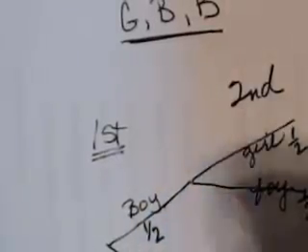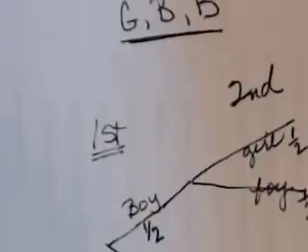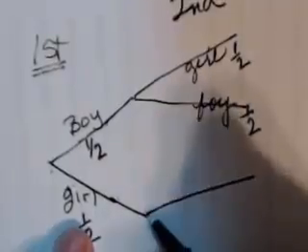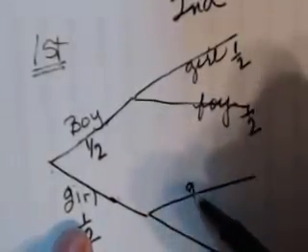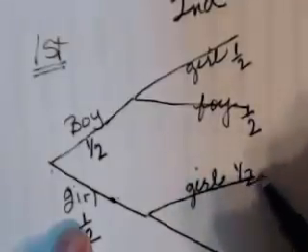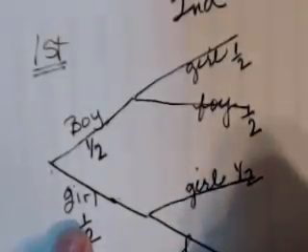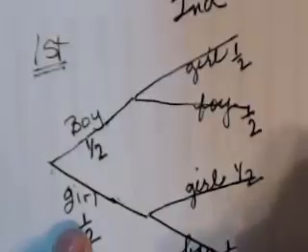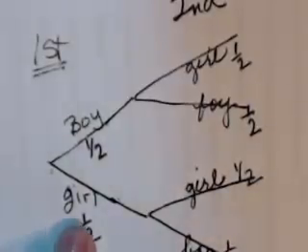If the first child is a girl, the probability would be 1/2 that the second child is a girl and 1/2 that the second child is a boy.